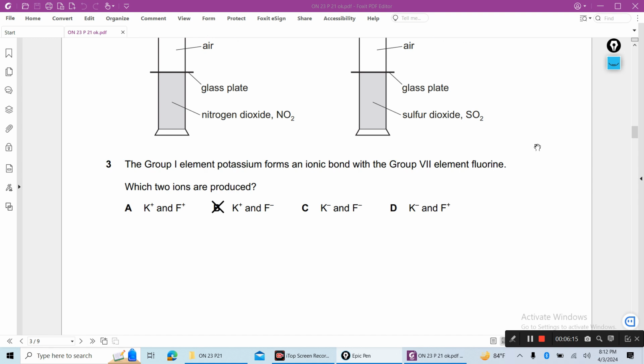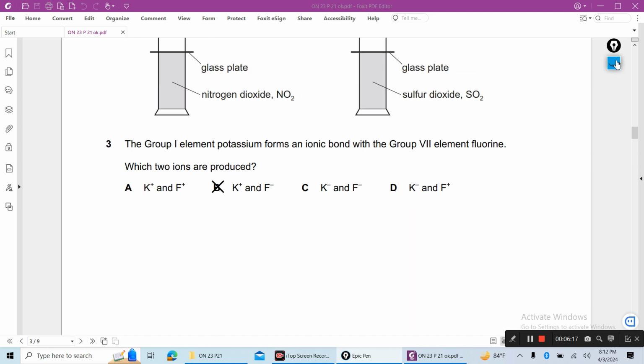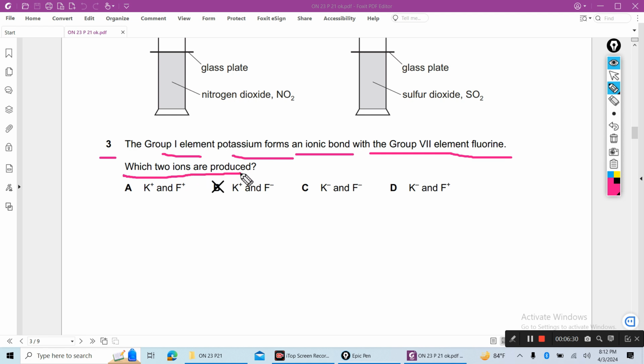Next, the group 1 element potassium forms an ionic bond with group 7 element fluorine. Which two ions are produced?